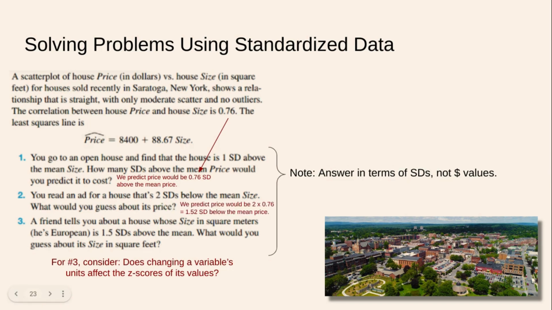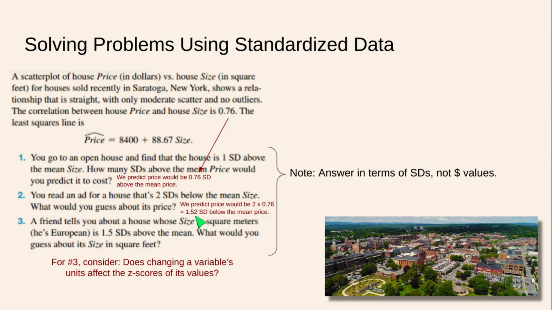So we predict the price would be 2 standard deviations below the mean size times 0.76, my value for R, which is equal to 1.52 standard deviations below the mean price. So we take the number of standard deviations for my X variable, size, and we multiply it by R again, just like in number 1, and we get our estimated standard deviations below the mean price.